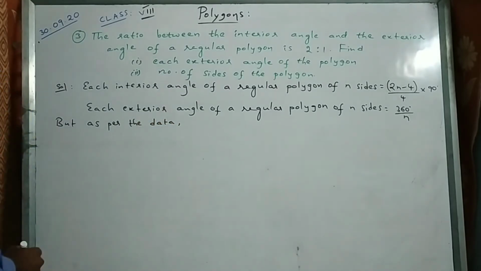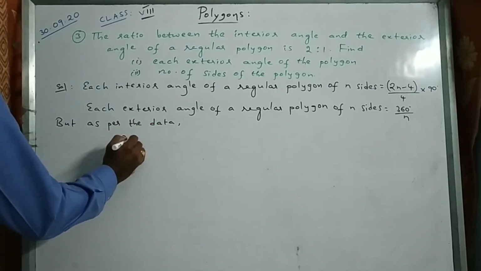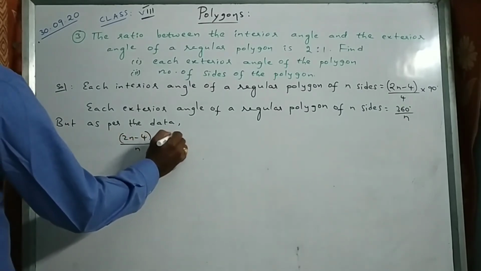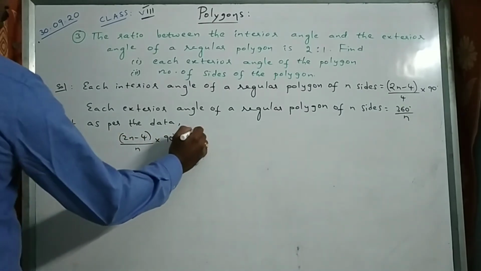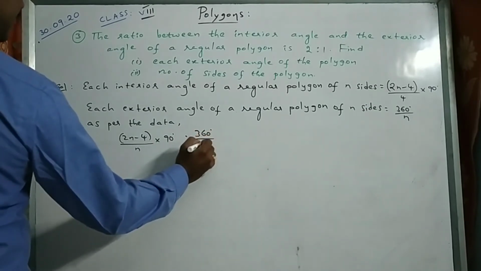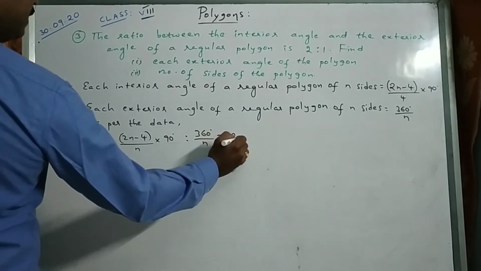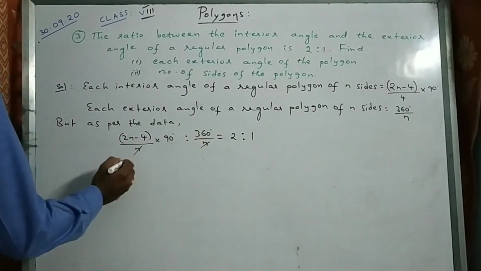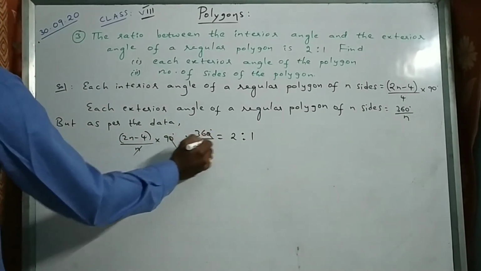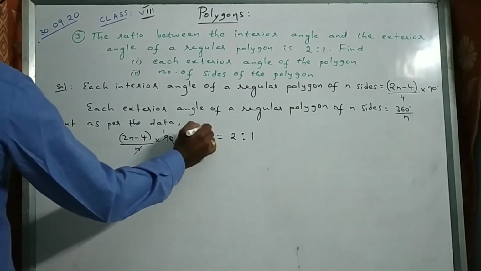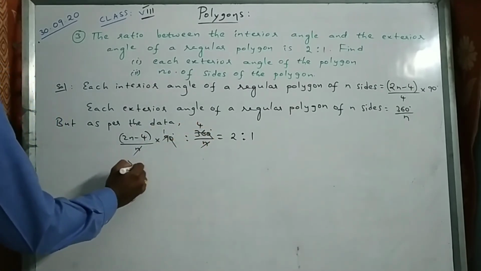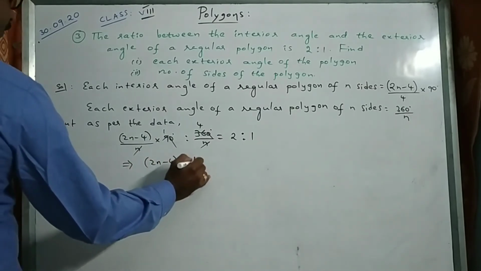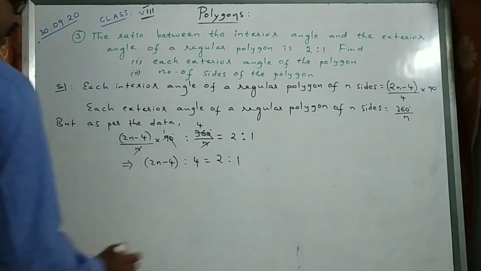So these two are the formulas, but as per the data, what is given? Ratio: (2n minus 4) by n into 90 degrees is to 360 degrees by n equal to 2:1. n gets cancelled, 0 gets cancelled, 9 ones are 9, 4 fours are 36, cancelled. So what is remaining here? 2n minus 4 is to 4 equal to 2:1.